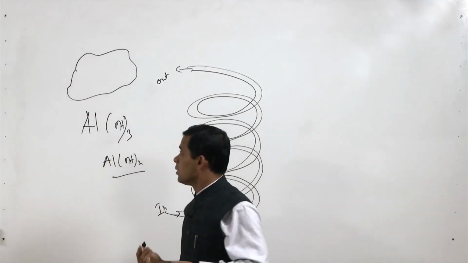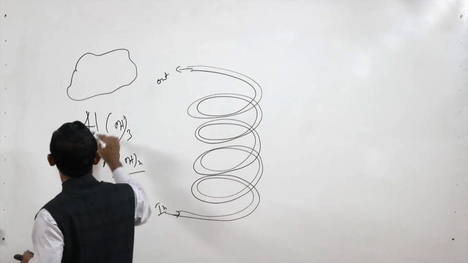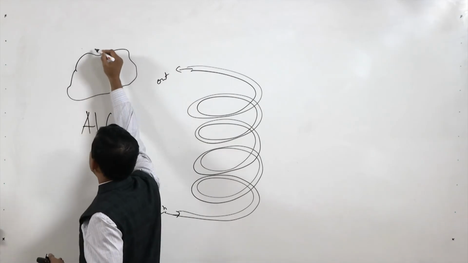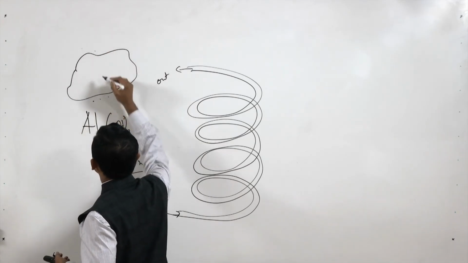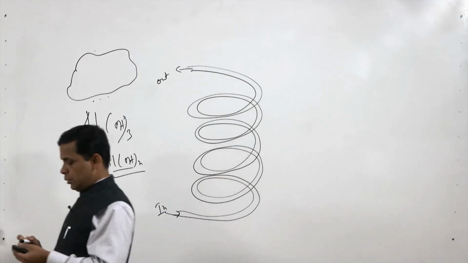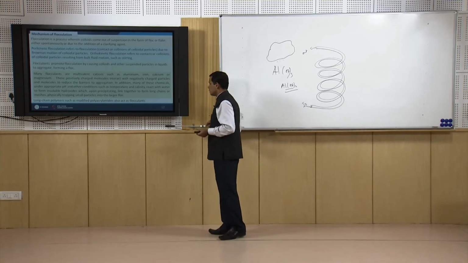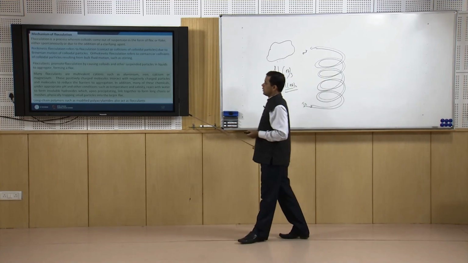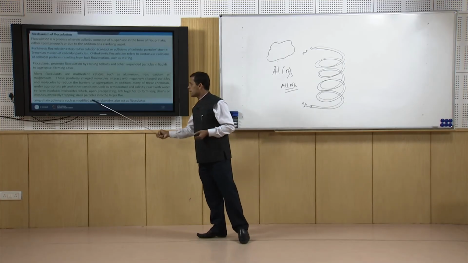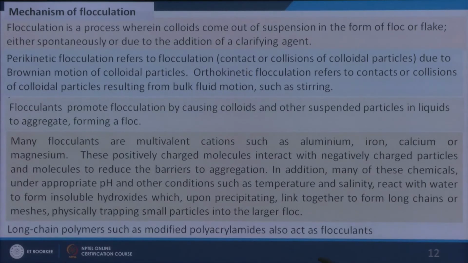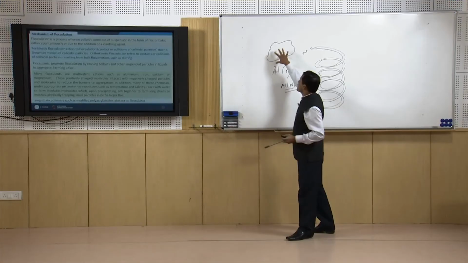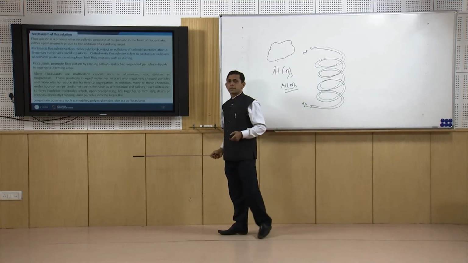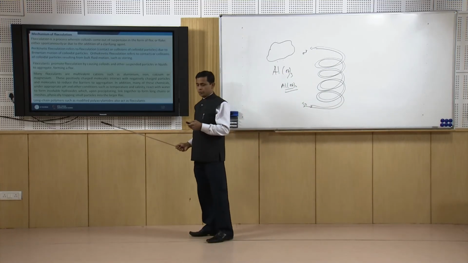So, bigger agglomeration is formed here of this aluminum salt, meaning hydroxides. So, these aluminum hydroxides capture the small particles. So, this is the mechanism of the flocculation. Apart from this, some organic molecules are also added, like modified polyacrylamides, which also have a bigger size and they also capture the small particles and separate them. So, this is the mechanism for the separation in flocculation.